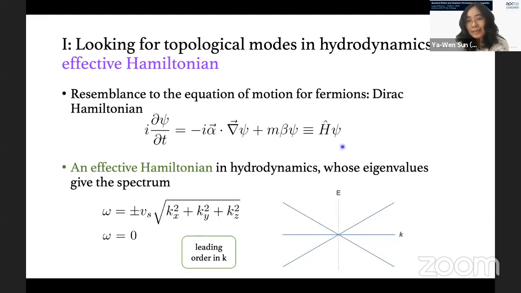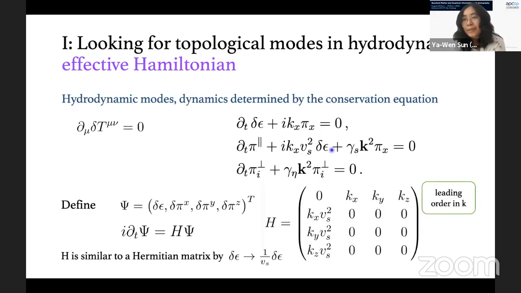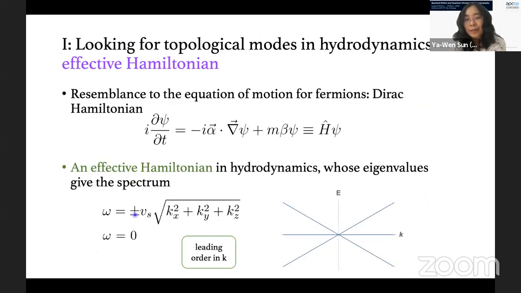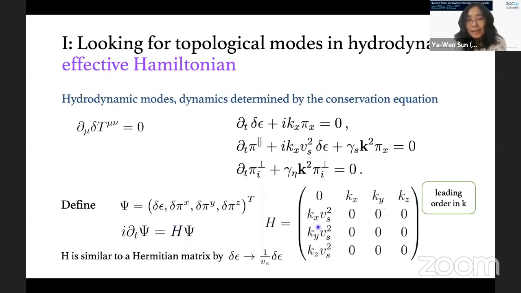And in this way, the Dirac Hamiltonian is also a matrix. Also similar to the fermionic case, the eigenvalues of this H give the spectrum of the hydrodynamic modes. So there's one thing here. In quantum mechanics, when we want to have real eigenvalues, we need H to be Hermitian.